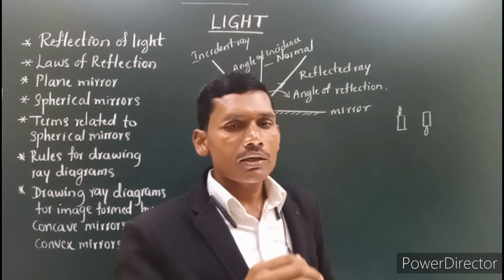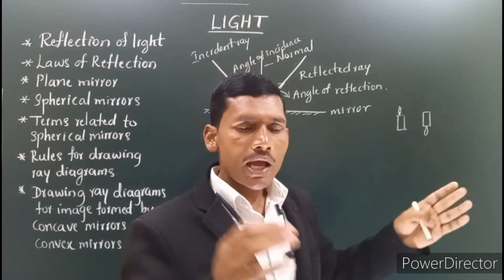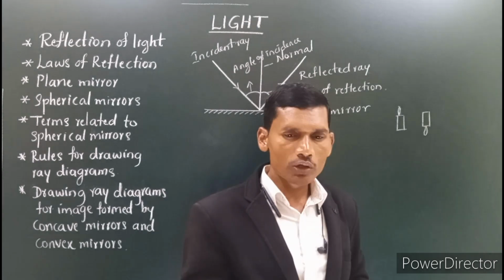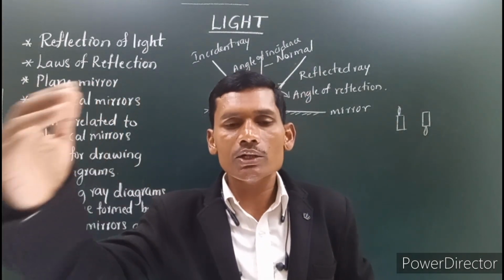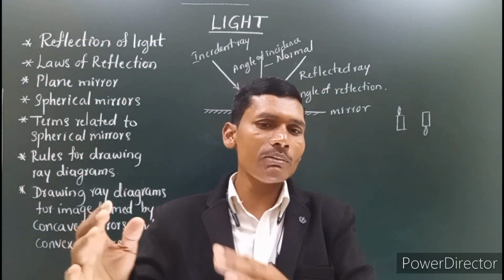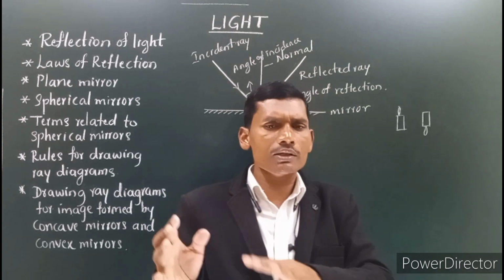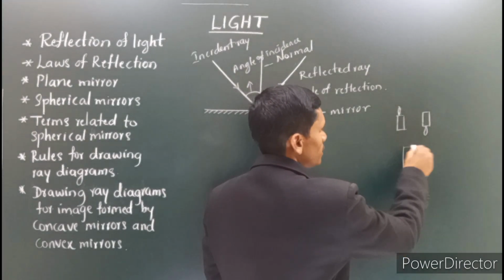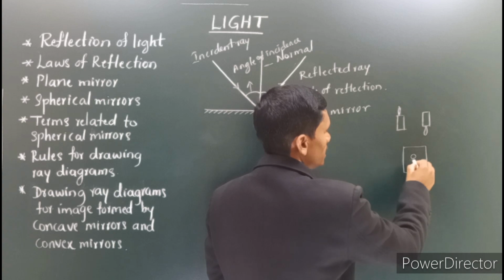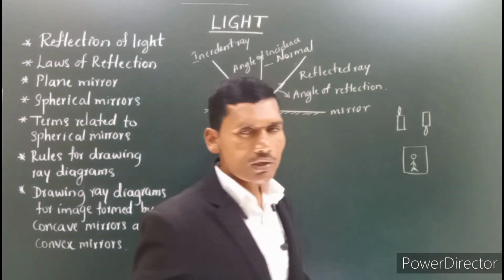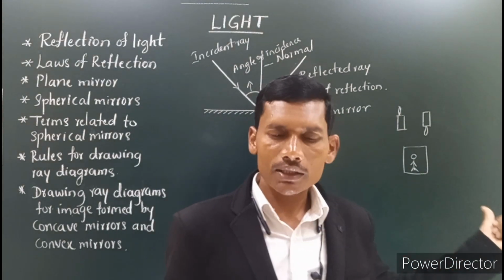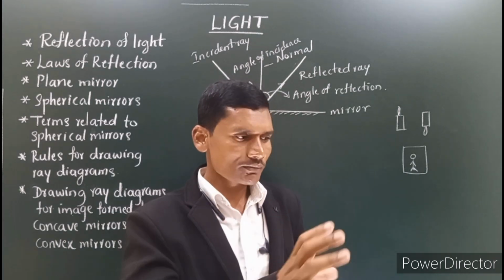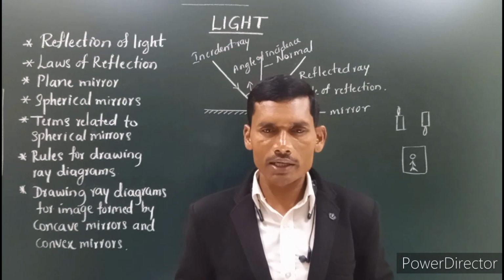Next, virtual and real: two types of images we find. Virtual means you can find your image in the mirror, but you cannot get that image onto a screen. You can see it in the mirror, but not on a screen, so you call this a virtual image. Real means what? You have seen projectors, right?